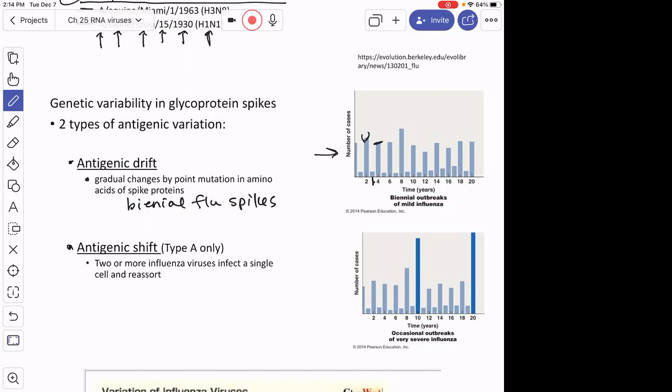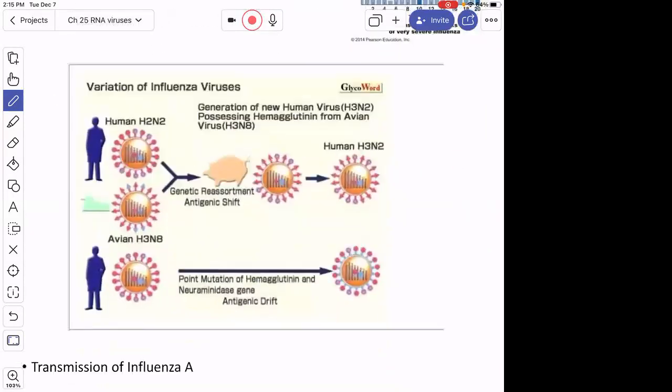So if we look at flu data over the years, we tend to see every other year higher. A more abrupt change that can cause usually a little bit more severe epidemic is antigenic shift. That's when we get reassortment of those H and N spike proteins in another animal. This picture shows this better.